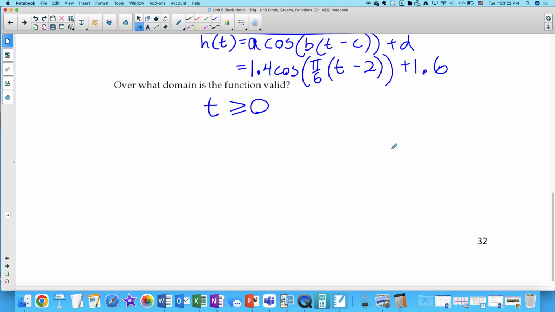So that's sometimes where it's just one period, but in this case, we're not given any indication of that. So yeah, I would say that the domain is time is greater than or equal to 0. Okay. Any questions? We are done.